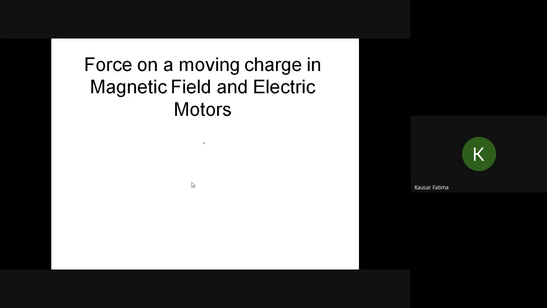For the charge to experience force in a magnetic field, it has to be moving, and in order to experience maximum force, it has to move perpendicularly to the field lines. If it is moving parallel to the field line, then it will not experience force.